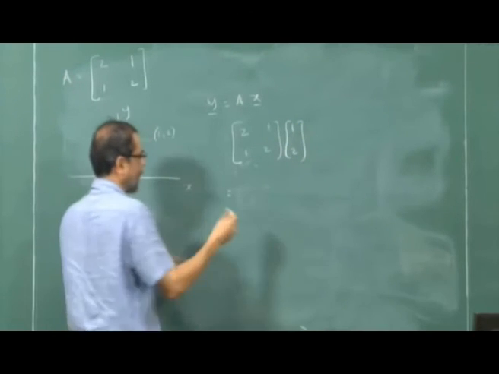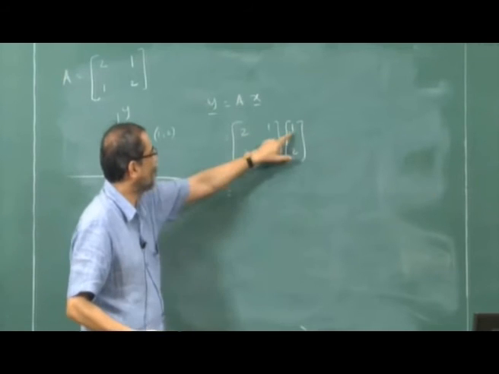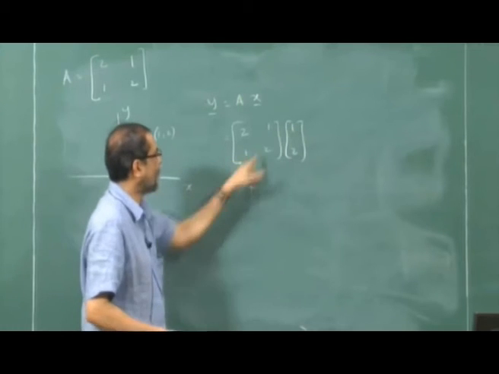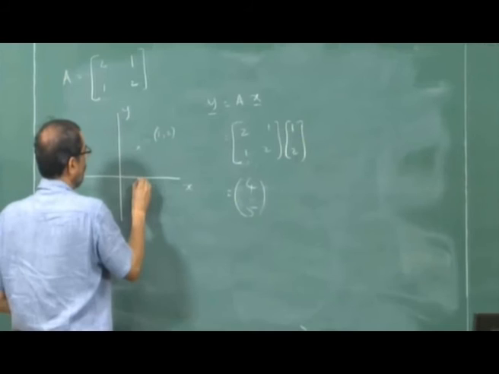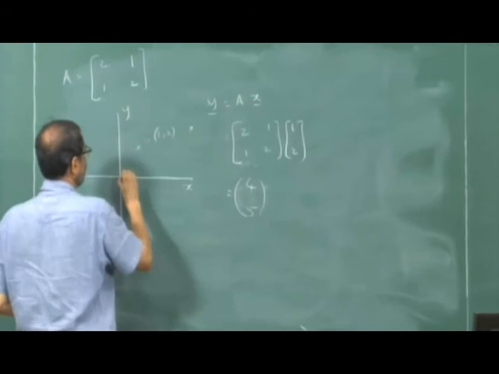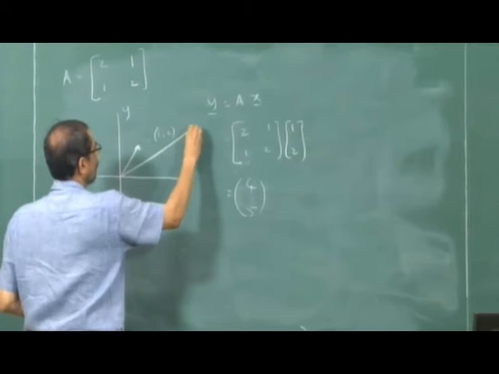If you carry out the matrix operations, 2 into 1 is 2, plus 2 is 4, then 1 plus 4 is 5, so it's 4 and 5. So this was my point 1 2, this is the point 4 5.